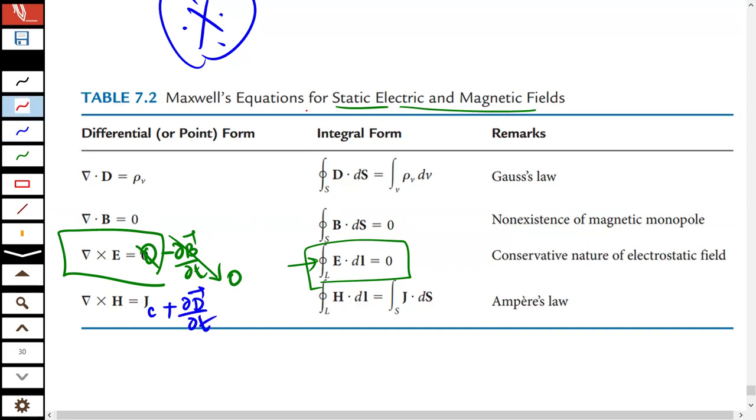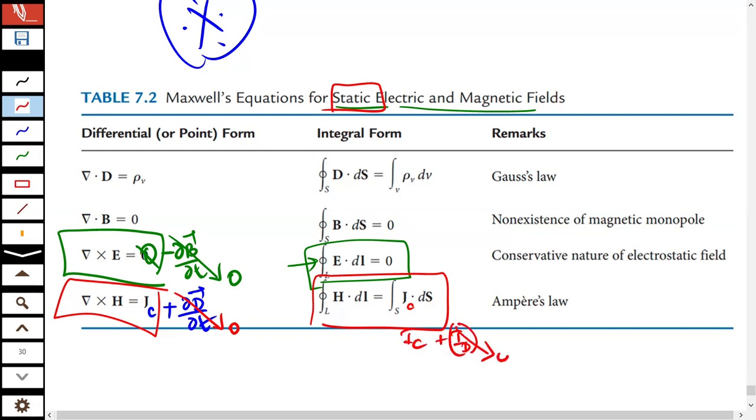If time variation is not there in case of static fields, this time varying parameter will be 0, and thereby our Ampere's law will be del cross H is equal to only conduction current density Jc. And similarly, the integral equation will have only the conduction current density term contributing to the current. So only conduction current will be present, where displacement current is 0 in case of static fields.